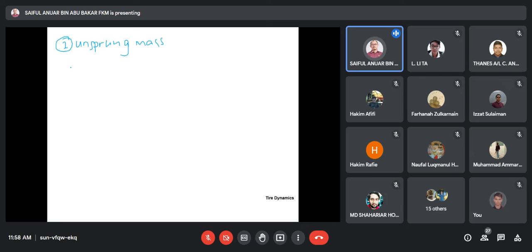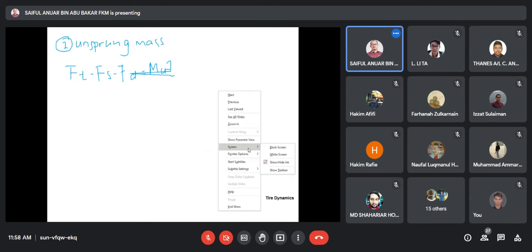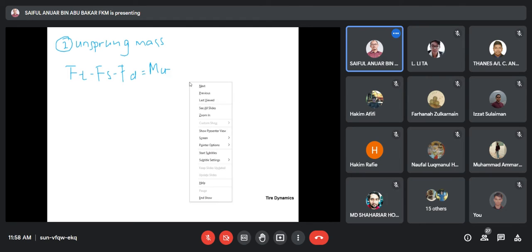So we know that the equation is Ft minus Fs minus Fd equals mu Zu double dot. Like I told you, what we want to see is actually the motion of the unsprung mass. So we need to move the mu to the left side.